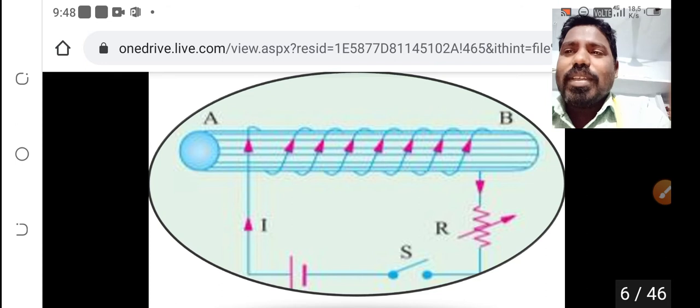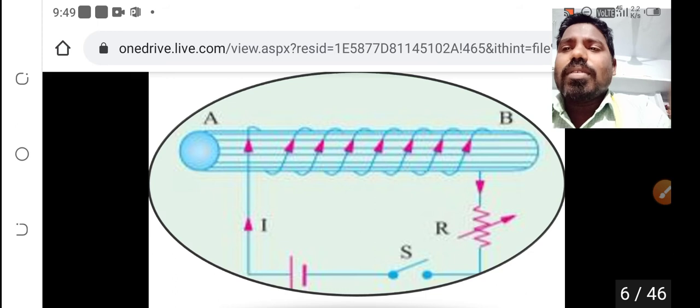This is the schematic figure. You can see a rod AB. The rod AB is wrapped by a number of wires, and it is connected to the source: switch, power supply, that is a battery, and resistance R. Here the copper coil is wrapped around an iron rod, which is unmagnetized before sending the power.